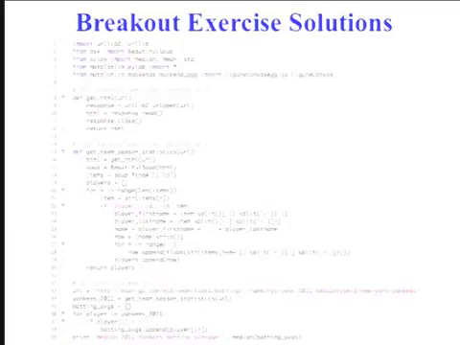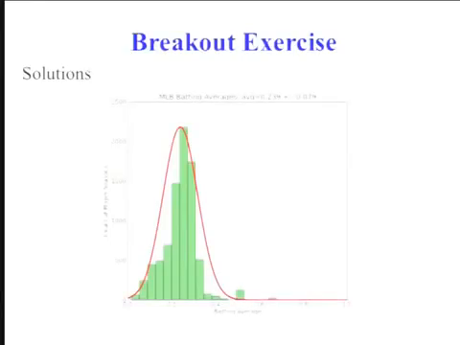So this is just more of the solutions, and then here is the histogram and Gaussian you should get. So over, I guess, 10 years, a decade of baseball, the average batting average is 0.239. And it doesn't fit a Gaussian too well. But these are humans, and they're usually not so normal.